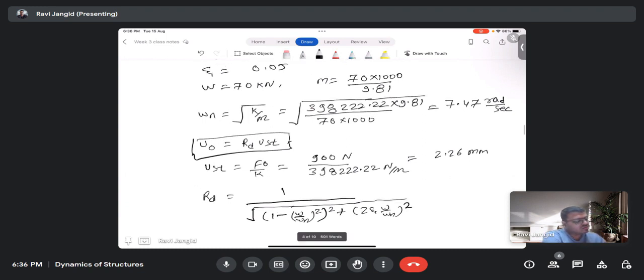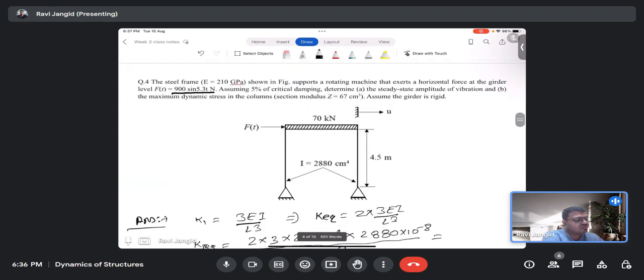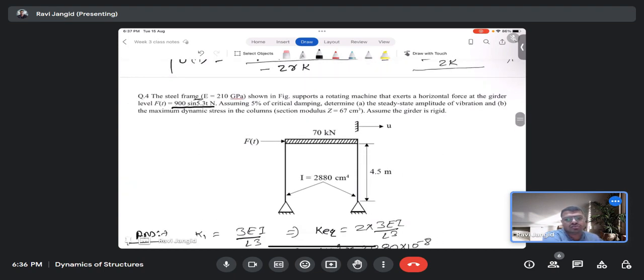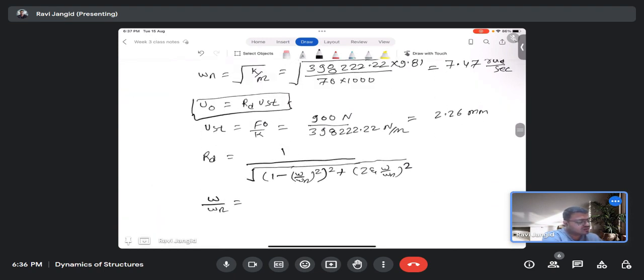Yes. So now put the value: what is my omega by omega n? Omega is given in the question as 5.3. If you put omega as 5.3 and omega n as 7.47, what is this ratio? 0.709. Yes.